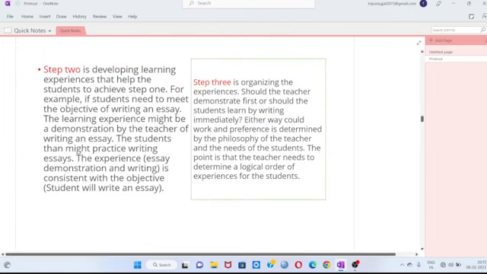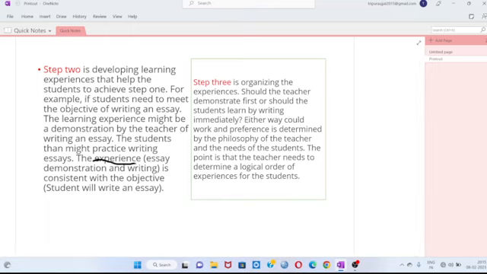Second, this essay writing experience, as we said, is organizing the experience. This is developing learning experiences: how the teacher will demonstrate writing, and how the student will write the essay. Okay, this is the essay you have to write in that way. And the third one is organizing the experience.